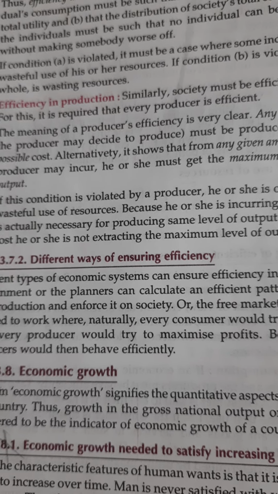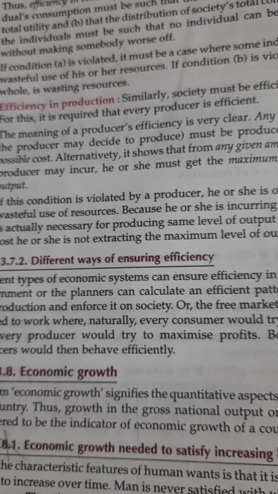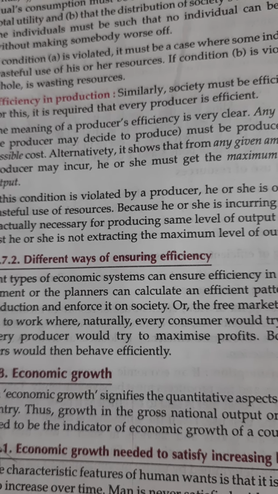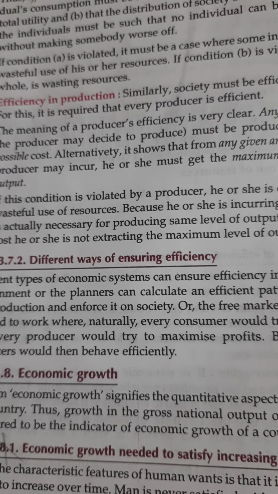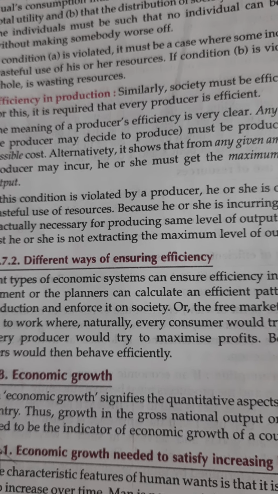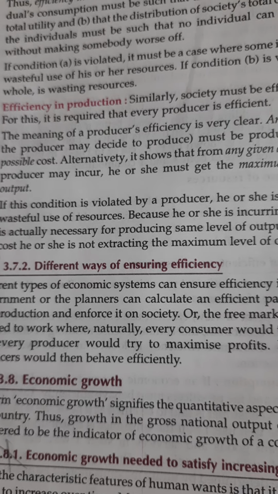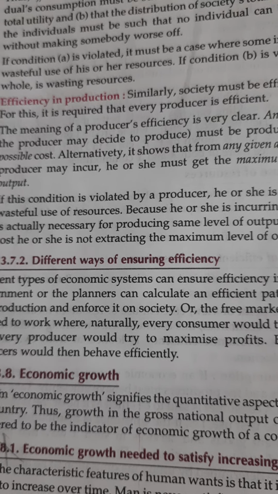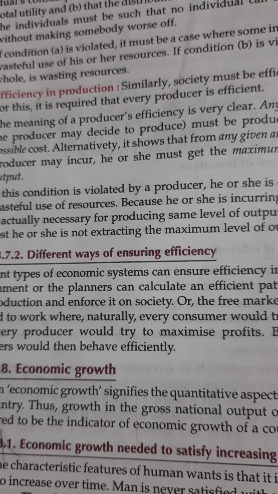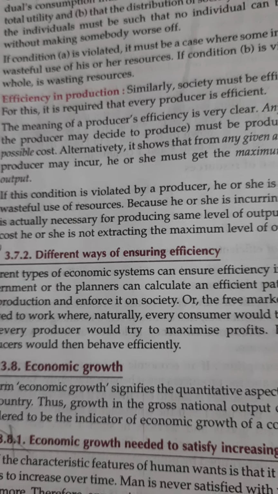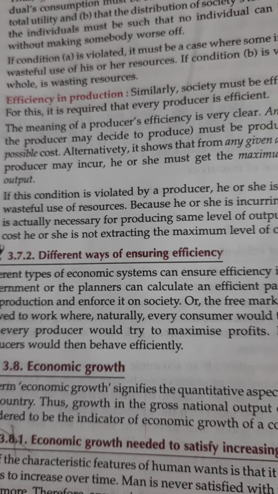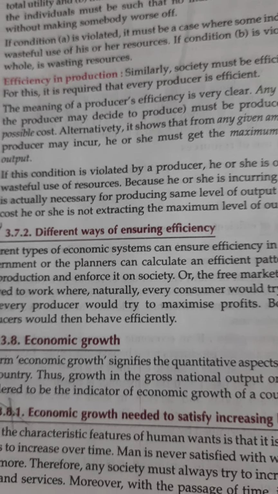It's very easy to understand. That means he has to produce maximum at the lowest possible cost. But if this condition is violated, then the producer is said to be wasteful. Okay, so this is how a consumer and a producer can be efficient.